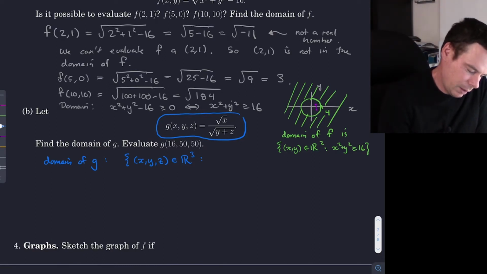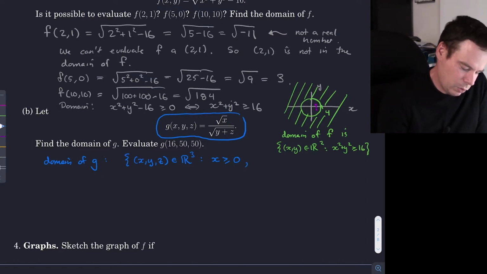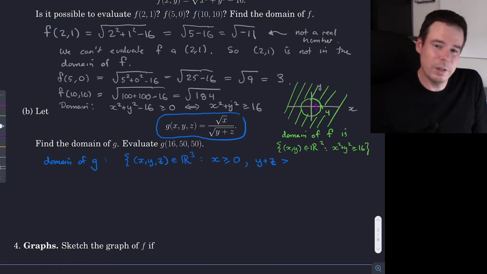Well, when I plug it in, I get the square root of x up top. Oh, that means I need x to be bigger or equal to 0 in order to be able to square root it. But I also need to be able to square root the sum of y and z. So I need y plus z to be bigger than or equal to 0. But it's also in the denominator.